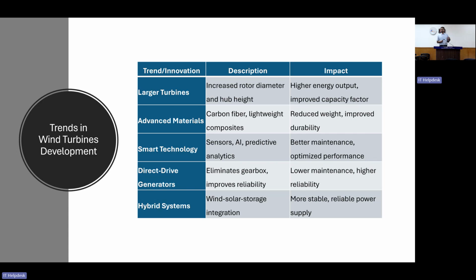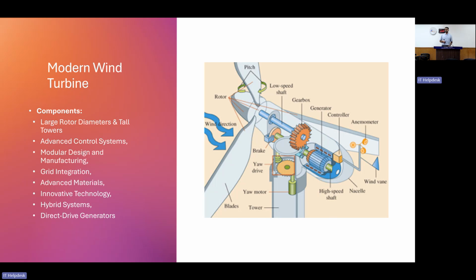Also nowadays wind turbines are coming with hybrid systems in which the wind turbine is integrated with solar and storage, and in this way the power supply from the wind farms can be more stable and reliable.